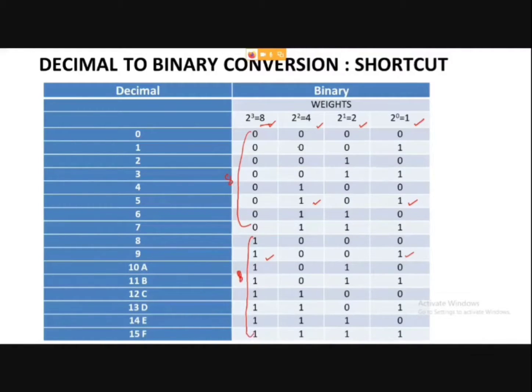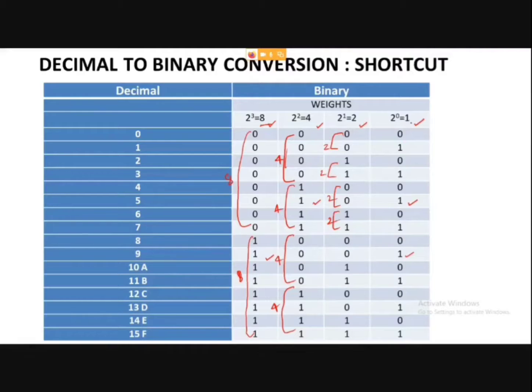Okay. Similarly, you can write 4 zeros and 4 ones, and continue further with 4 zeros and 4 ones. Then 2 zeros, 2 ones, 2 zeros, 2 ones, and continue further.